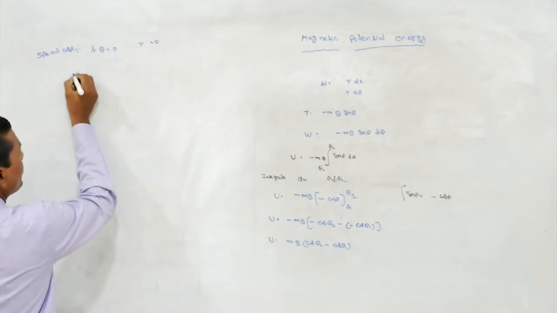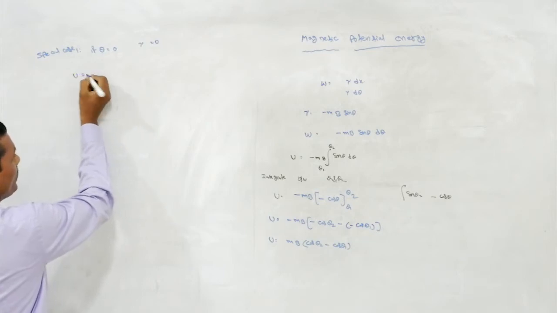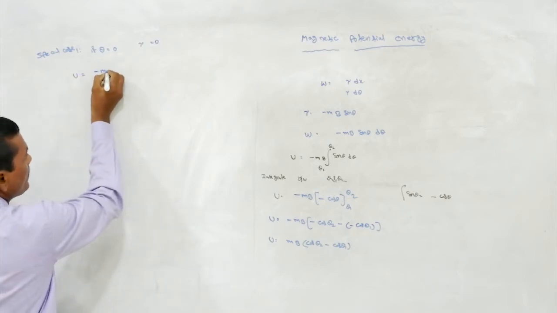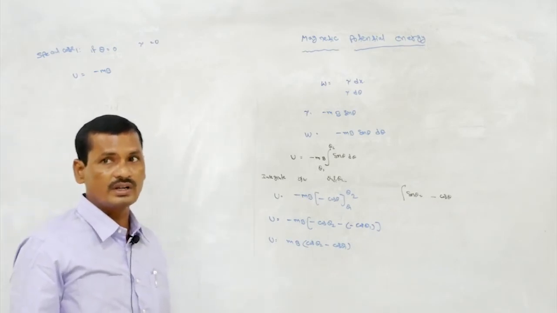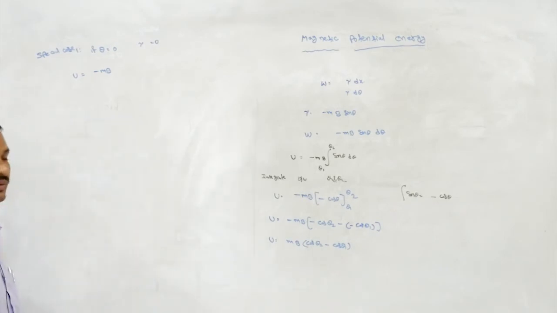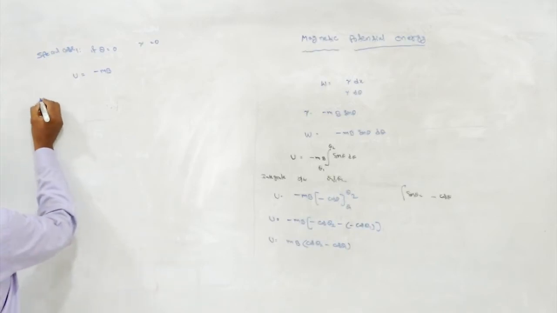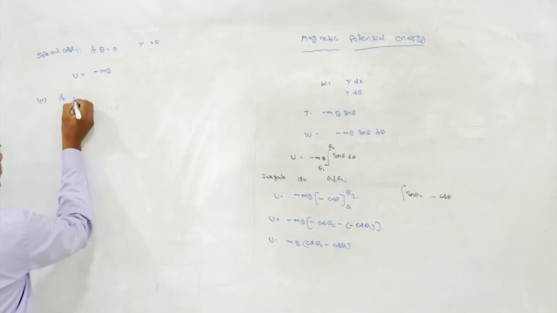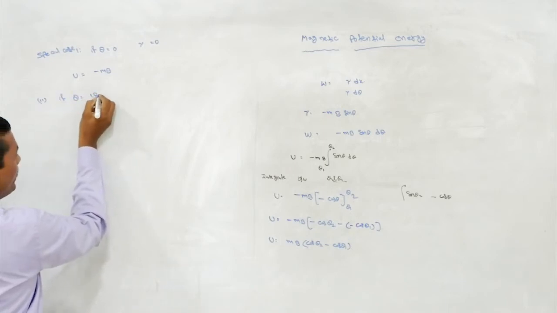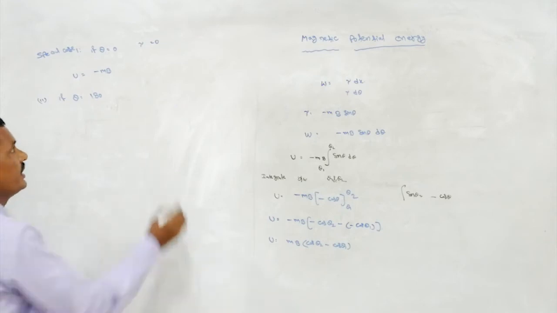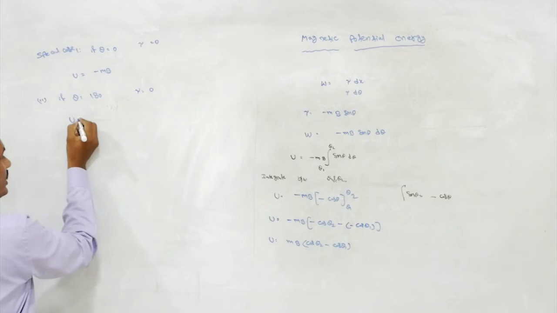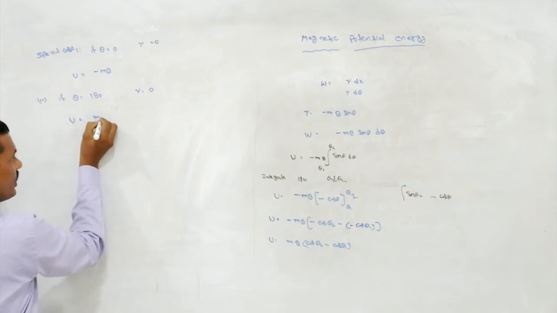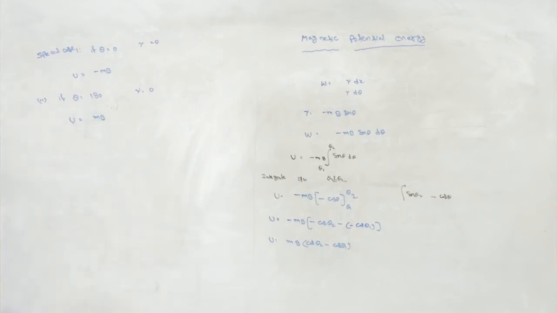And magnetic potential energy U equal to minus mb. Why? Because cos 0 equal to 1. Special case 2. If theta equal to 180, tau is again 0 and magnetic potential energy U equal to mb.